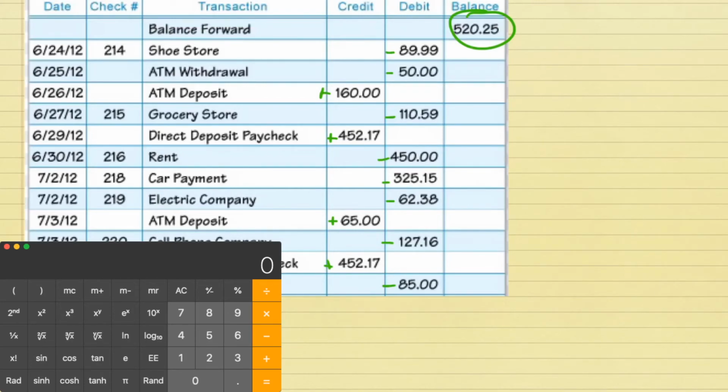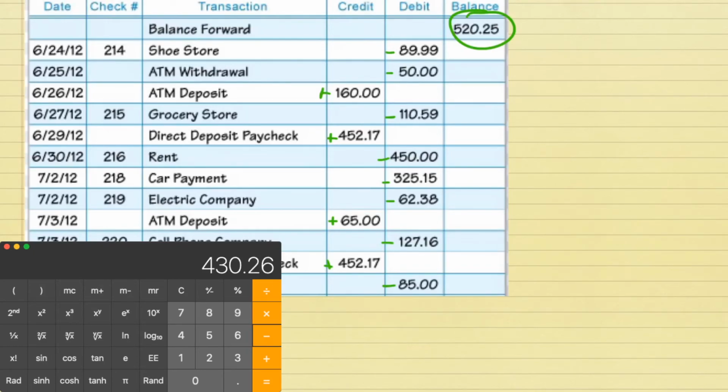So what we have here, if I click on my calculator here, we have $520.25. Whoa, I typed that massively wrong. 520.25. Weird. 520.25. Okay, sorry. Must have typed it wrong a couple times. Okay, we're going to make my $89.99 payment.